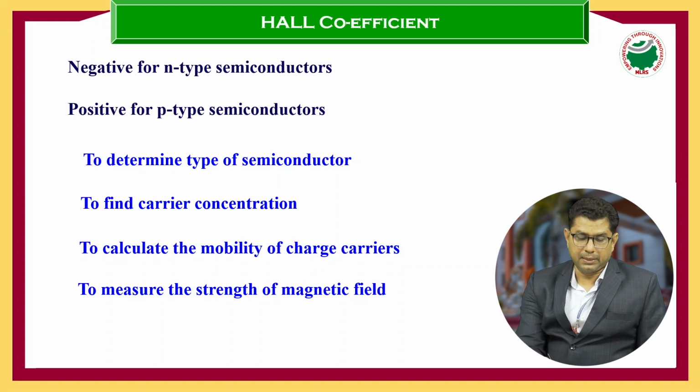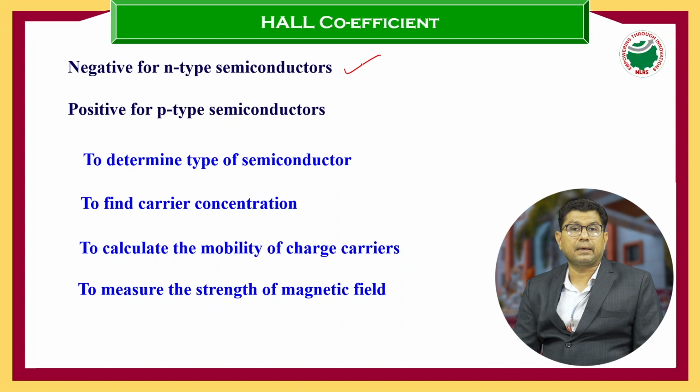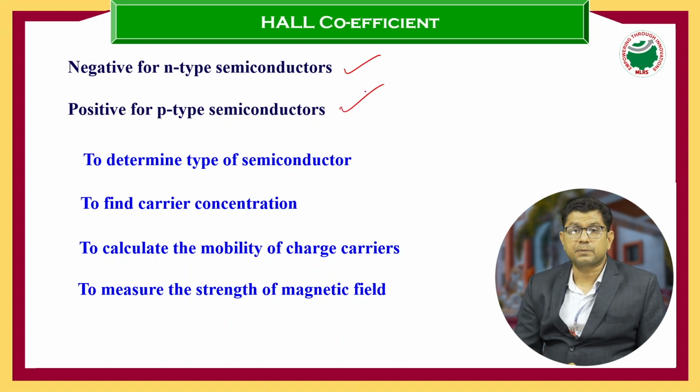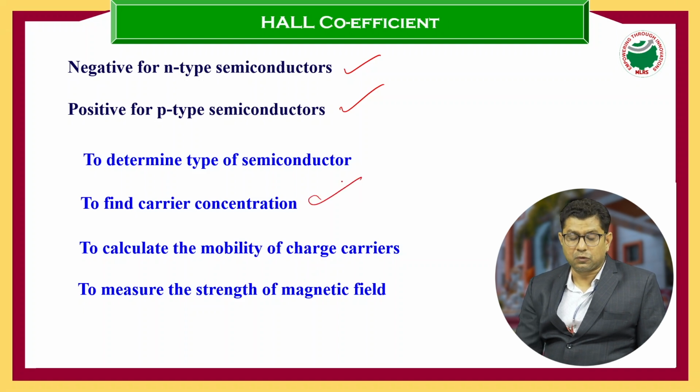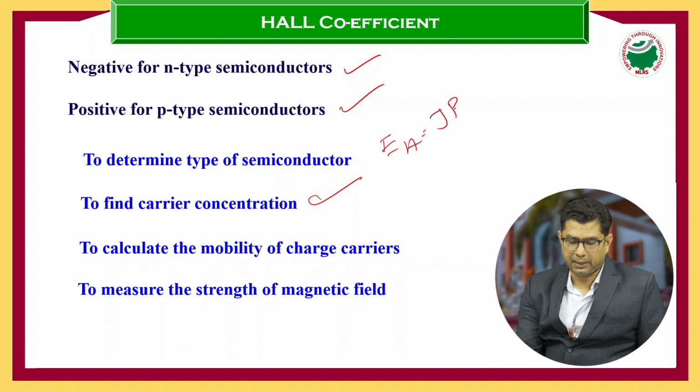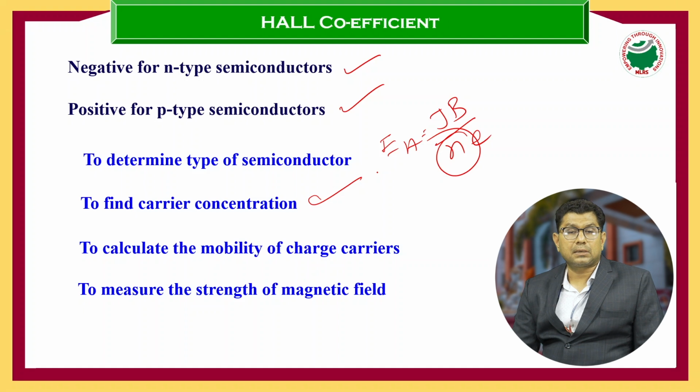So what is the importance of the Hall coefficient? Hall coefficient is negative for N-type semiconductors and positive for P-type semiconductors. So to determine the type of semiconductor, the Hall effect is very useful. Next, to find the carrier concentration, from EH equals JB by n e, here n is the concentration of electrons.